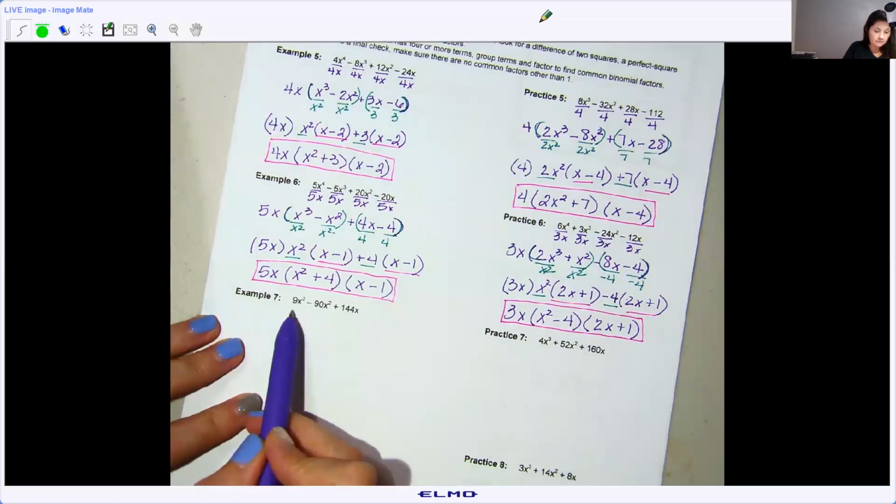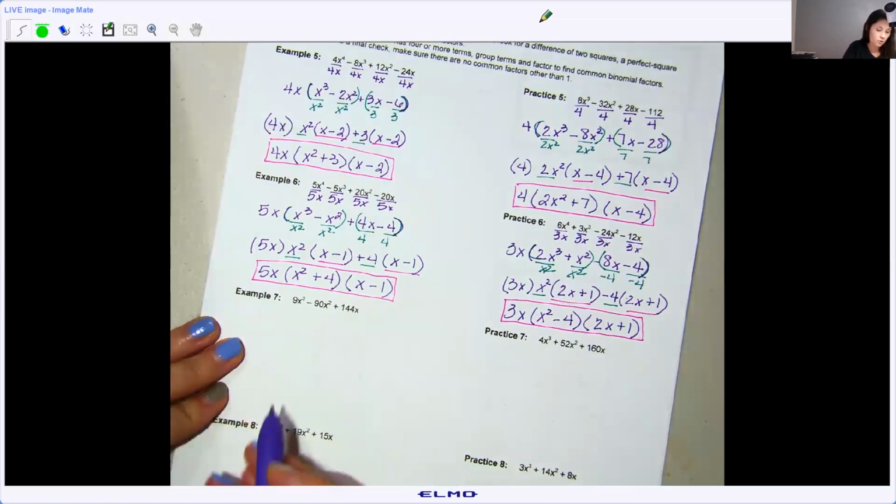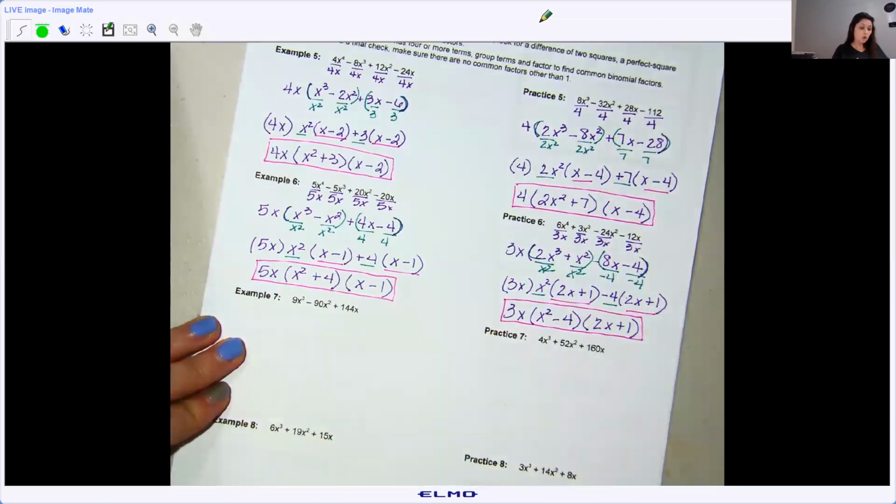We can divide all of these by 9. And I know you don't think 144 is divisible by 9, but I've done it. Okay, and we can pull out an x. So I'm going to divide everything by a 9x.